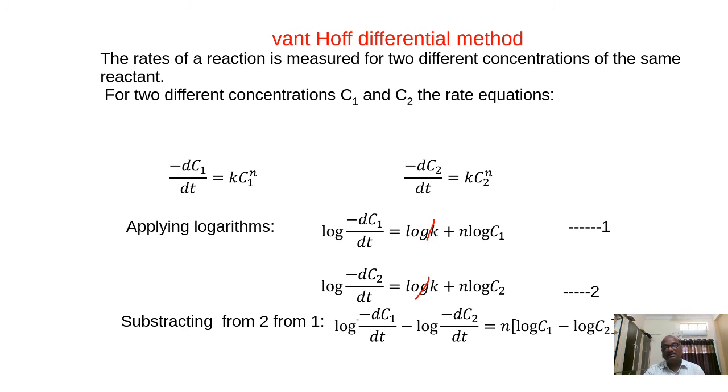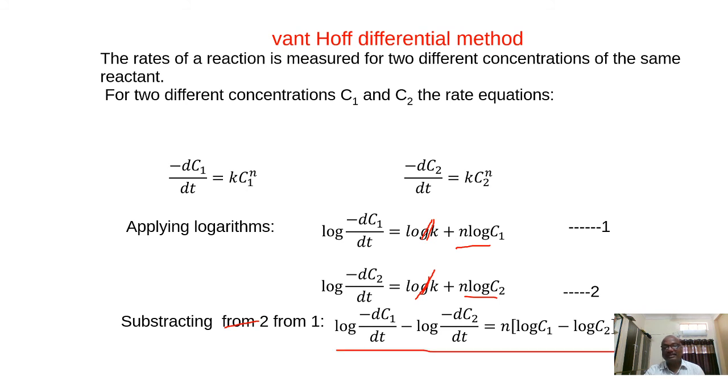So log of minus dC1 by dt minus log of minus dC2 by dt is equal to n, which will be common, times log C1 minus log C2.